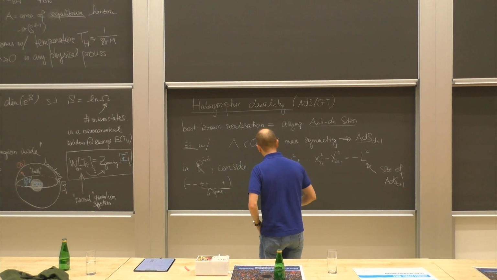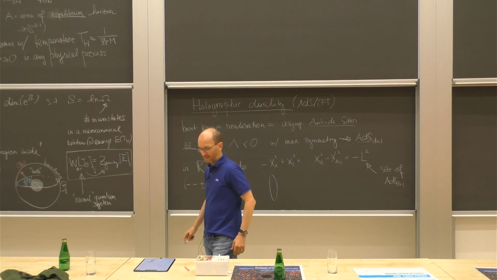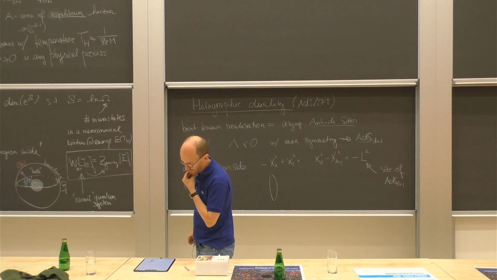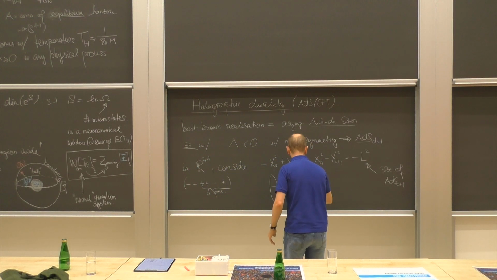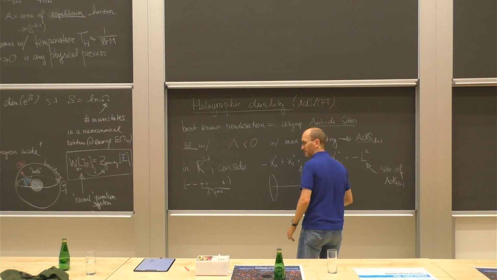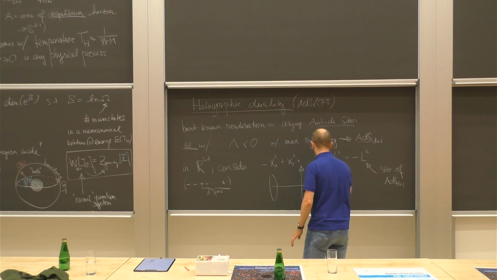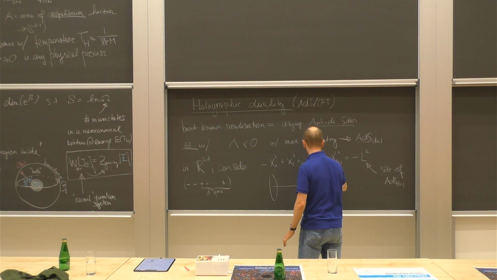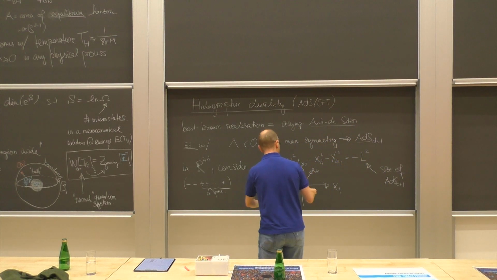So a visualization of this is basically, let's say, a two-dimensional AdS, where you take, let's say, X1, X0, and then here you have X_{d+1}.